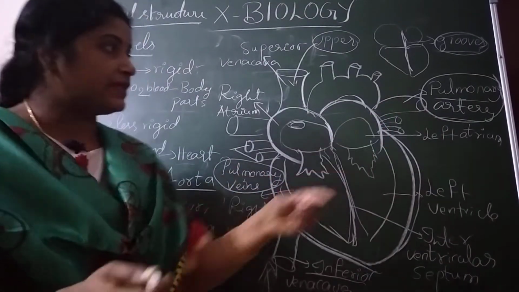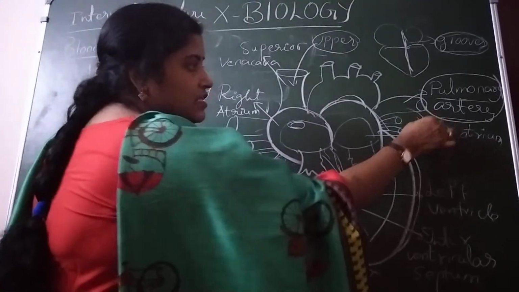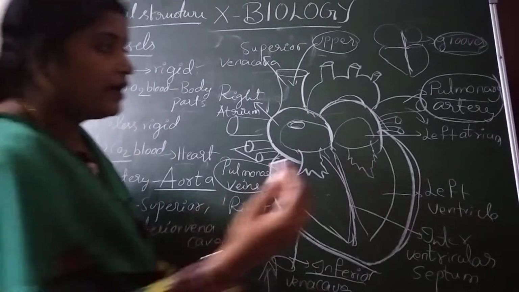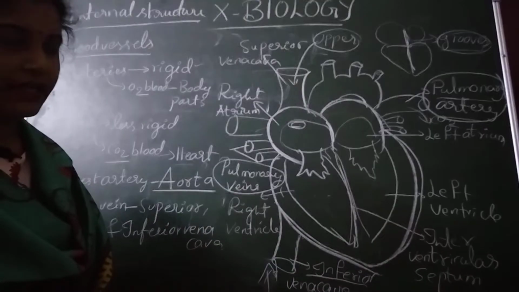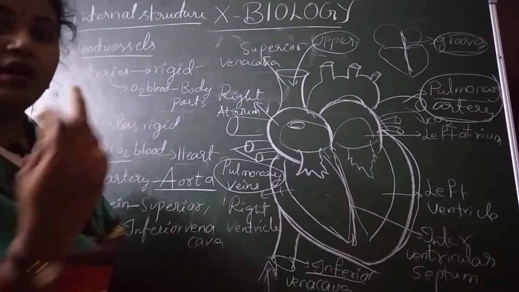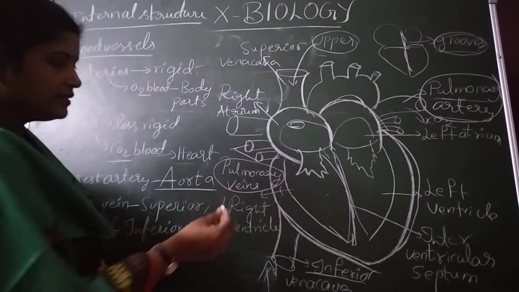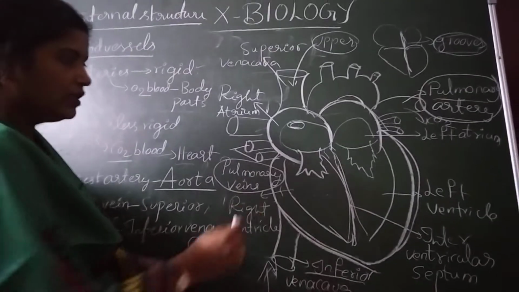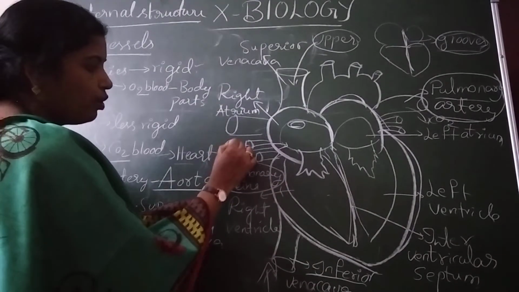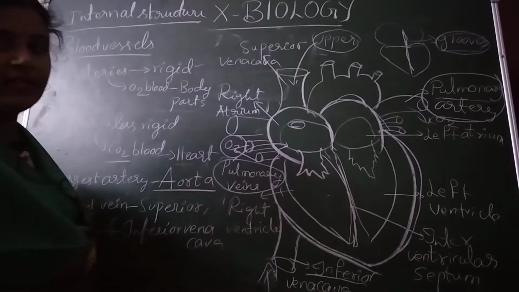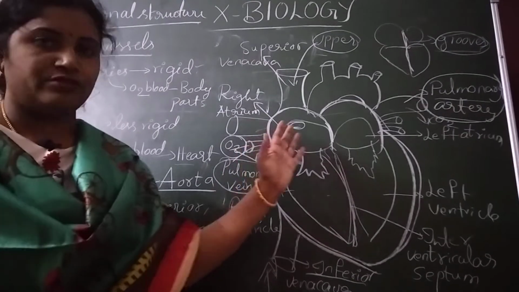Pulmonary artery is transporting the carbon dioxide containing blood, deoxygenated blood to the lungs, and at the same time pulmonary veins are going to bring back oxygenated blood to the heart.